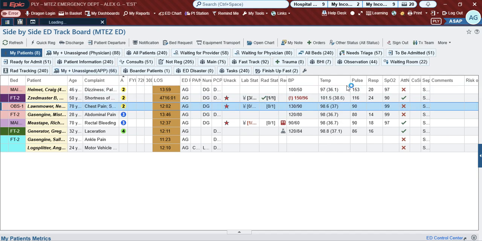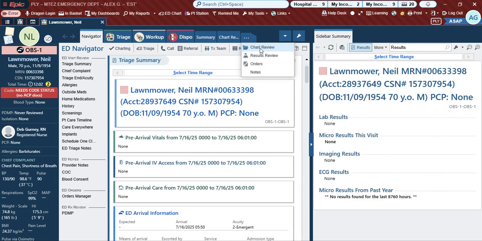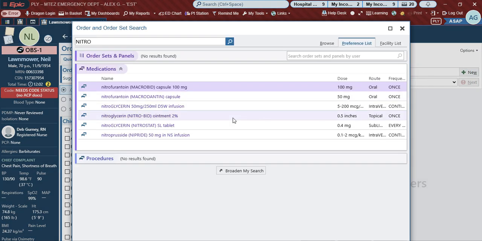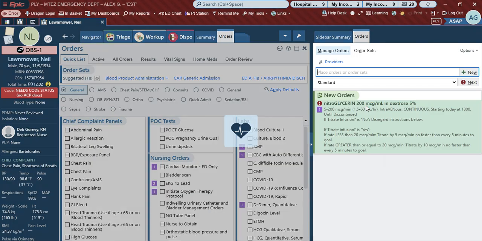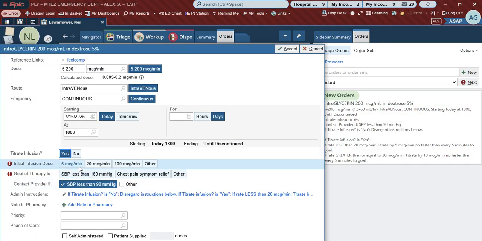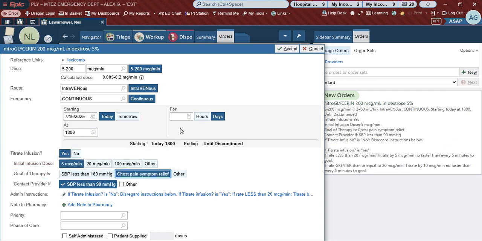And then you can start the nitro drip on him. The nitro drip, you're going to be seeing this titratable infusion. And this is typically what the order will look like.